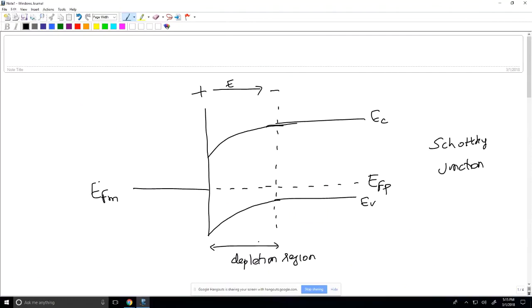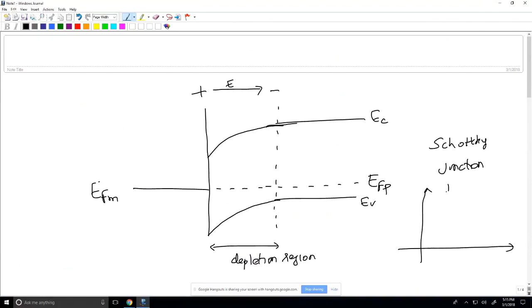So that is in the case of a metal and a p-type. You can also draw a Schottky junction for a metal and an n-type, as I have done in the notes. The reason we have Schottky junctions is that because we have a depletion region, it will only transfer current in one particular direction. So a Schottky junction is a rectifier.